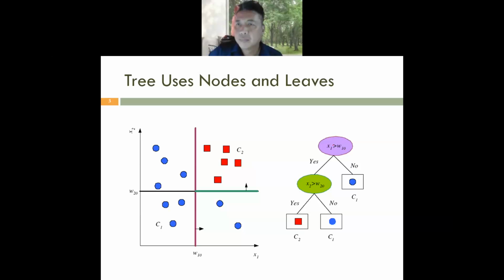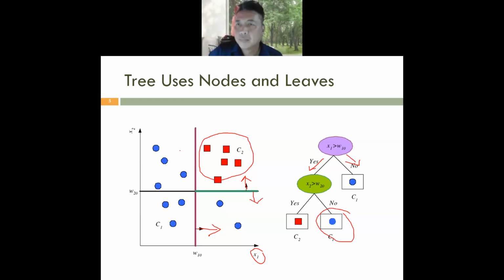So it says that if the value of x1 is greater than W10, which is this one, if yes, then you go here. If the value of x2 is greater than W2, which is up here, then we say this is class 2. Otherwise, this is class 1.